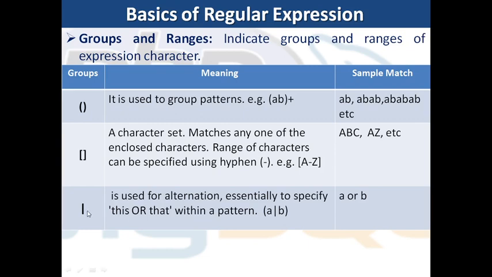This pipe character is used for alternation, essentially to specify this or that within a pattern. So if you group this A pipe B, it means that A or B is used, and it will return true. So let us take it on the browser again.